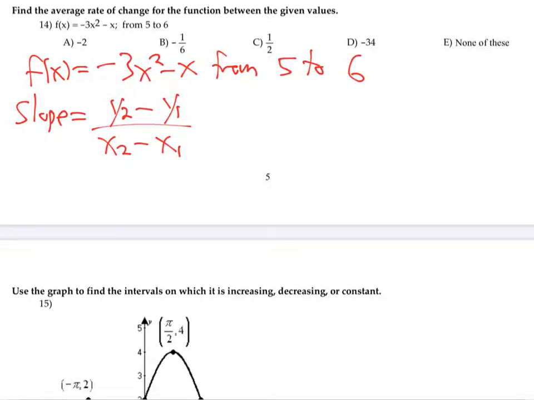Okay. And now what are the 2 x values? This is x1. This is x2. So those will go on the bottom. x2 first, then x1. Good so far.